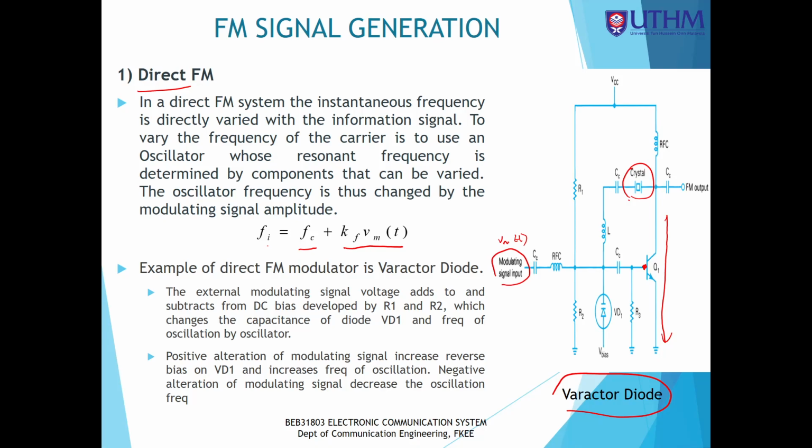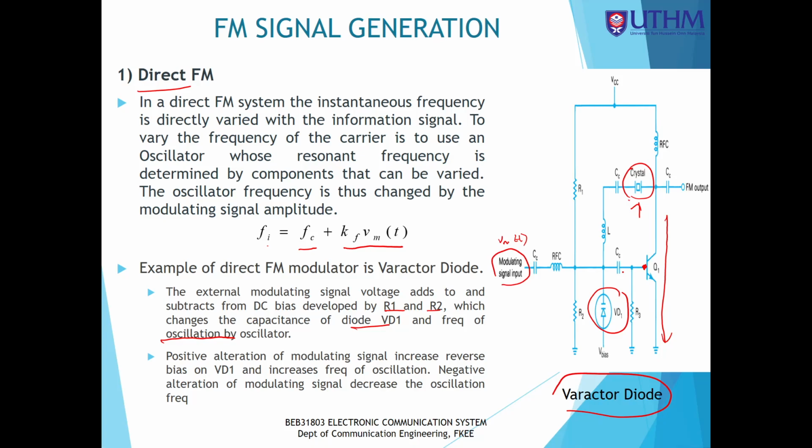Okay, so for example, like the varactor diode, the external modulating signal voltage adds to and subtract from the DC bias developed from the R1 and R2, okay, which change the capacitance of VD1 here, and frequency of oscillation by the crystal control oscillator.